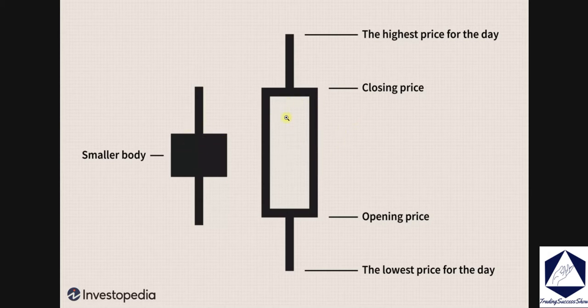So this is the second body and it's engulfing this candle right here, right? That is what you call your engulfing candle. All right, now let us dive into that.